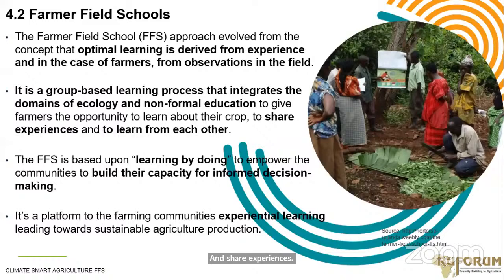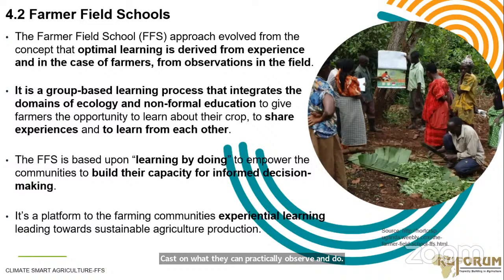So the farmer field schools approach actually evolved from the concept that optimal learning is derived from experience, in the case of farmers, from what they observe in the field. More effective learning occurs on what they can practically observe and do in their own farms.